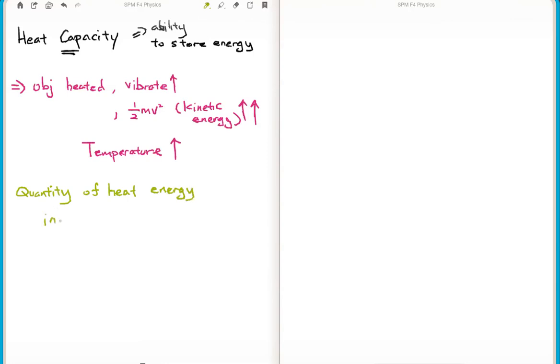This is a definition. Quantity of heat energy to increase its temperature by 1 degree C.